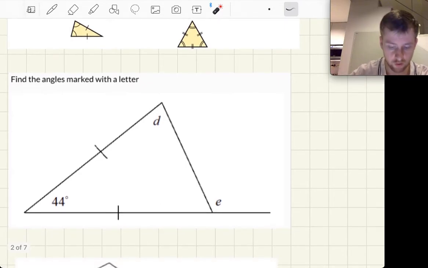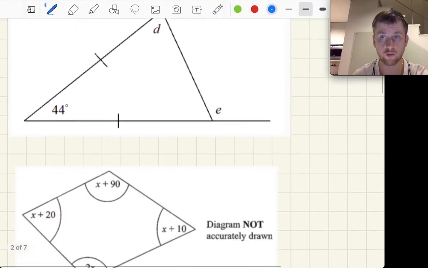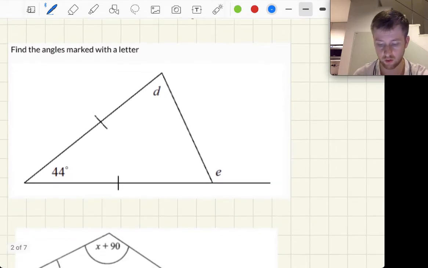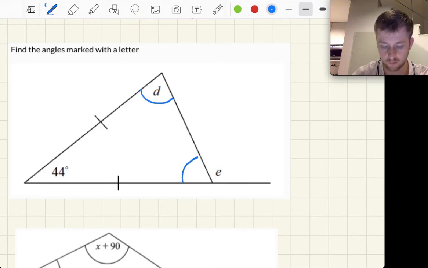Okay, now to the questions. Find the angles marked with a letter. We're going to start with some easy ones, and we'll switch to harder questions a bit later. So here we can see this is an isosceles triangle, and these two angles will be equal, D and the other one here. So how do we find them both?